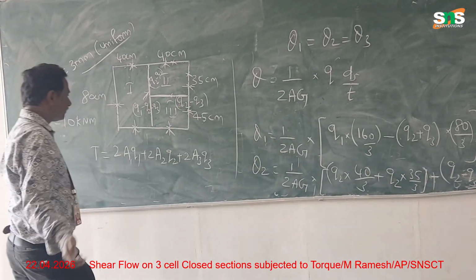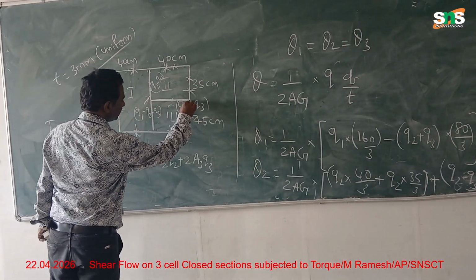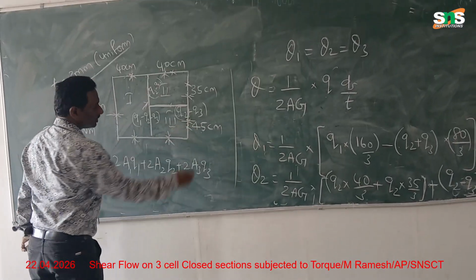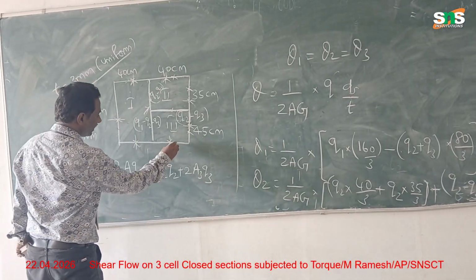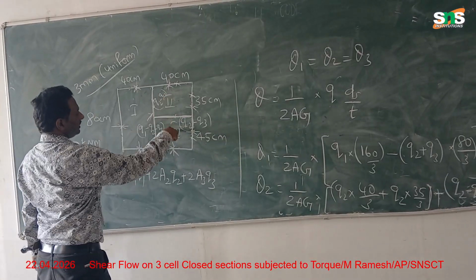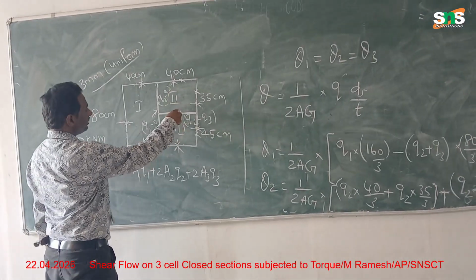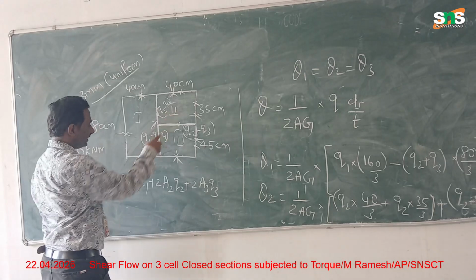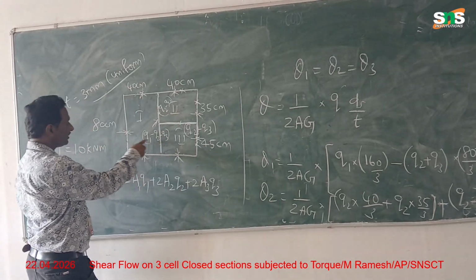For the third cell, this is Q3 alone, the third cell alone. Here also the third cell alone, independent. But this one is cells 3 and 2, so here Q3 minus Q2, and here Q3 minus Q1.